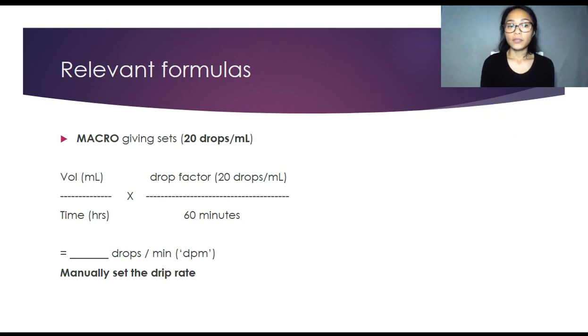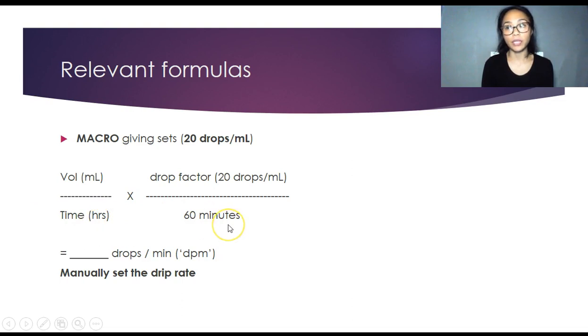So the relevant formulas for IV infusions for macro giving sets, remember that the drop factor is 20 drops per mil. It is volume in milliliters over time in hours divided by the drop factor, which is 20 drops per mil, over 60 minutes. Now the denominator in this formula is there in order to give you time in minutes.